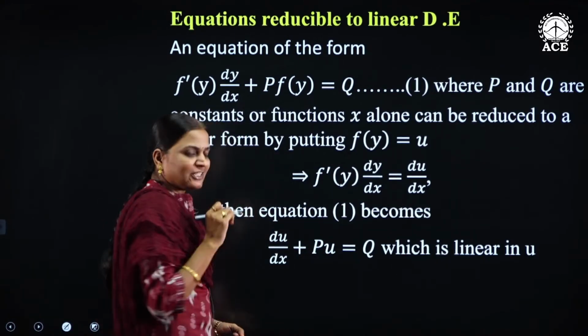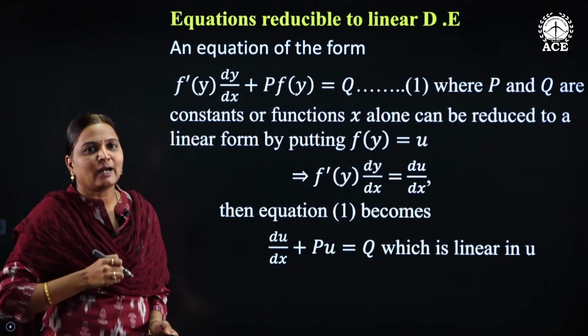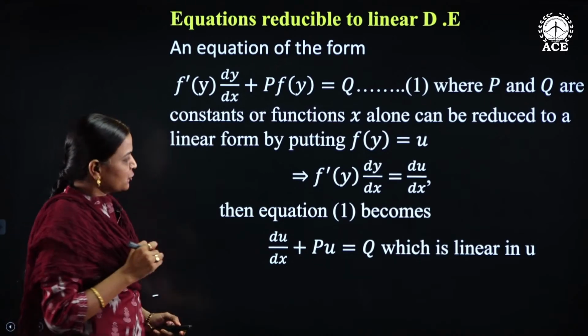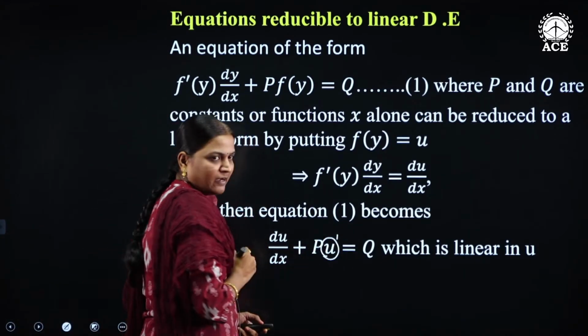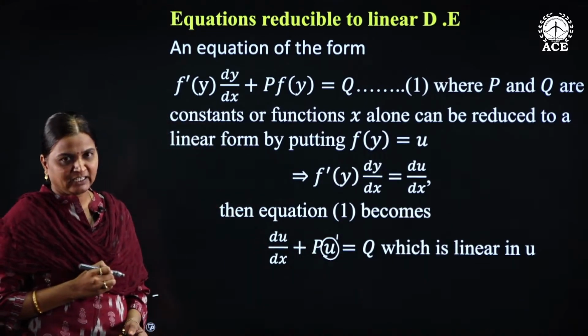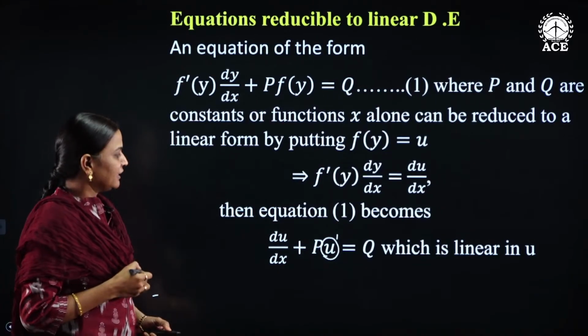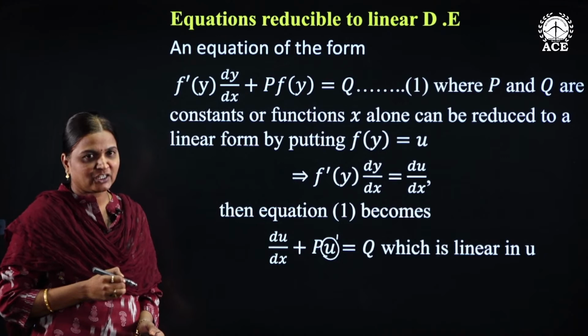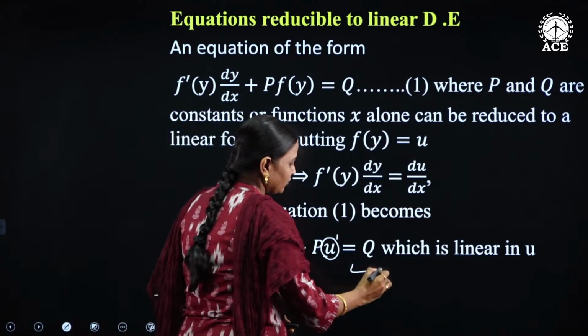So here again identify the dependent variable. Which variable appears with power 1? Observe clearly here, u appears with power 1. Therefore we say that it is a linear differential equation in u, and we know how to find the general solution of a linear differential equation. Using that procedure, write the general solution of this new differential equation.